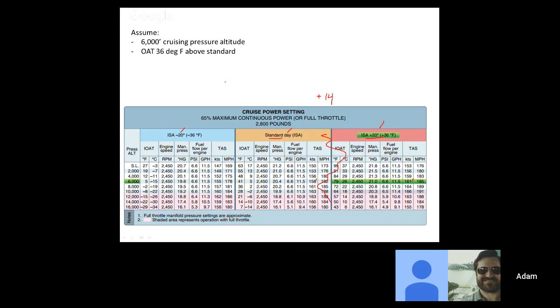Let's see. I've got to look at the chart here to make sure I pick a good example. Yeah, we'll use true airspeed. So okay, we're going to plan a flight at 2,000 feet, and I'm going to say it's not going to be a standard day out.